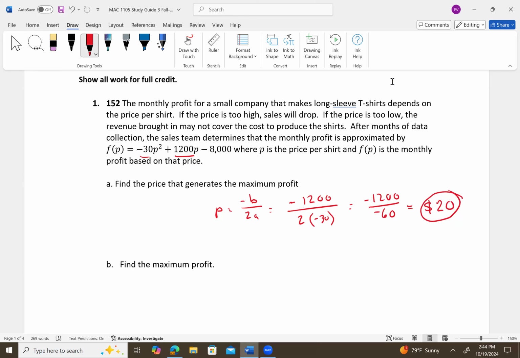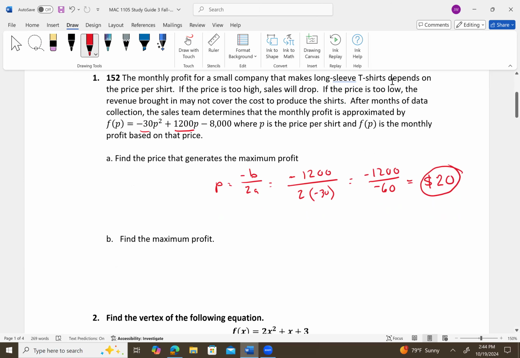To find the maximum profit, we merely plug $20 into the equation. So I need f(20) = -30 times 20² + 1,200 times 20 - 8,000.